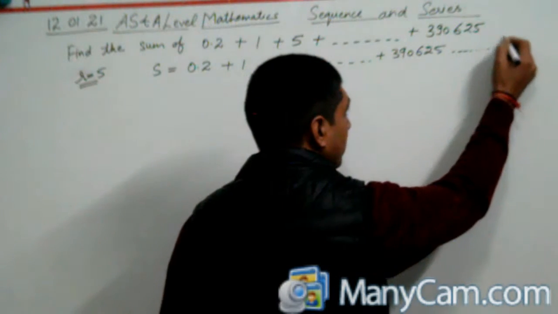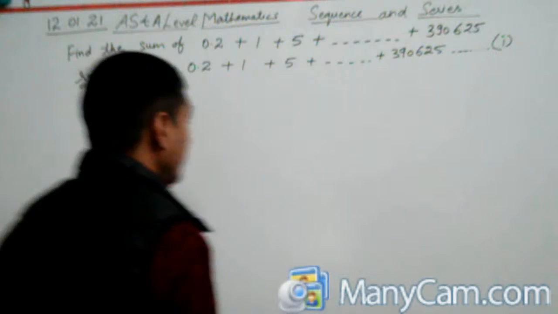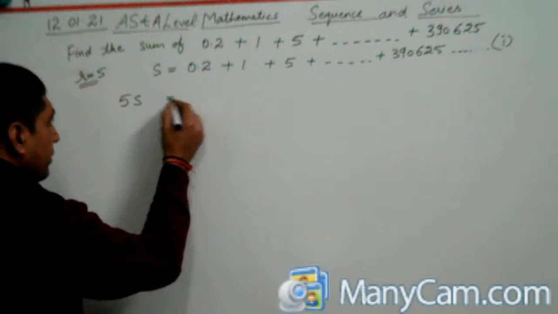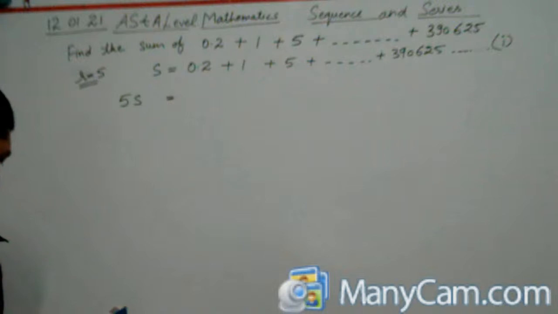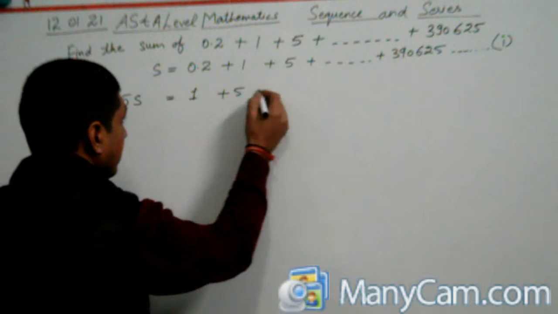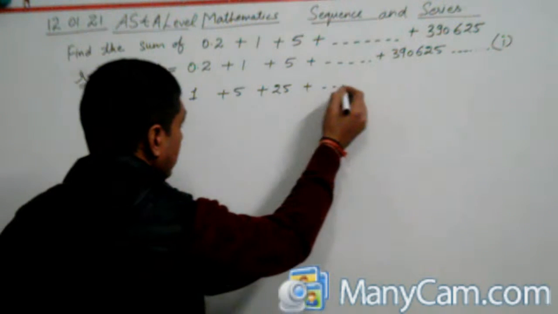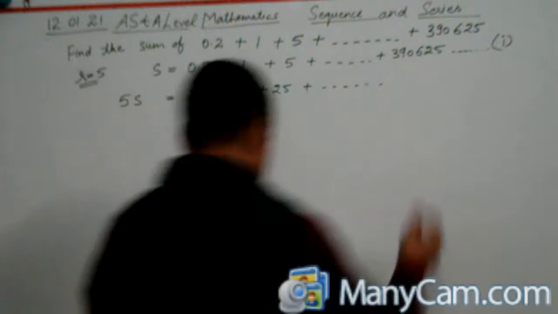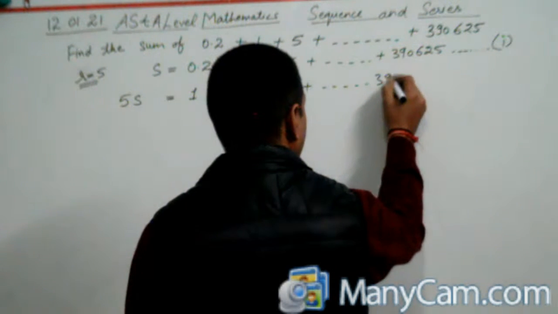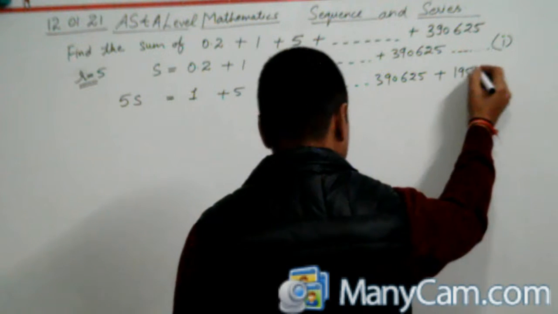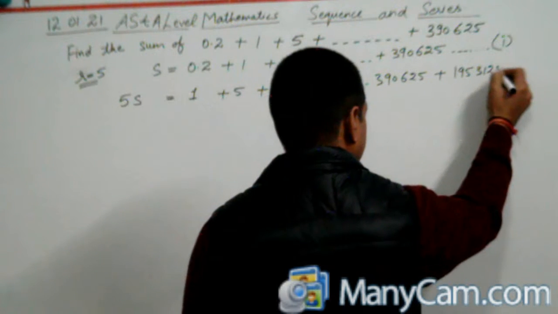So we have 5S equal to 1 plus 5 plus 25, and so on, and the last term, 390,625 times 5, is 1,953,125. This is equation number 2.